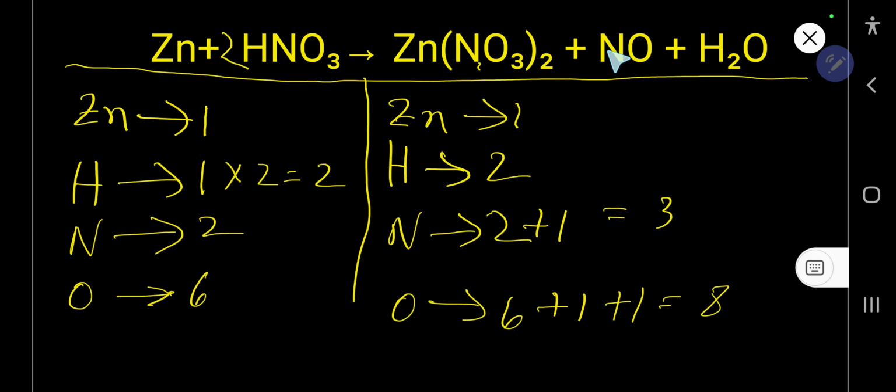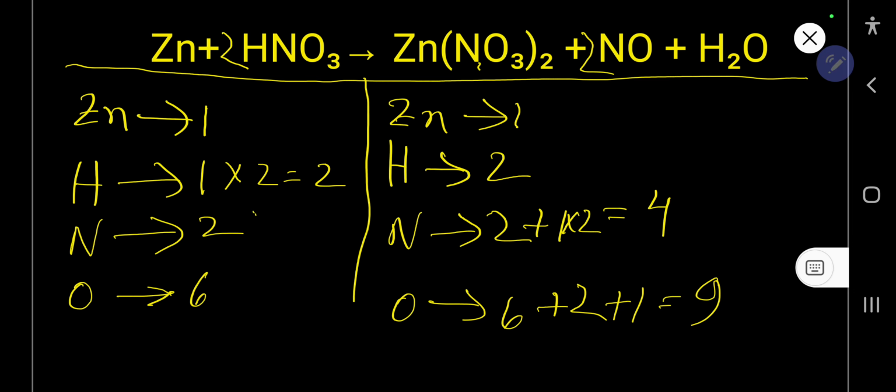This nitrogen has come from here, so if you multiply here by 2, these 2 must come before this nitrogen. So 2 nitrogen, 1 times 2, 2, and you have to change the number of oxygen here. So basically you are getting 6, 8, 9, right? And here you are getting 4.